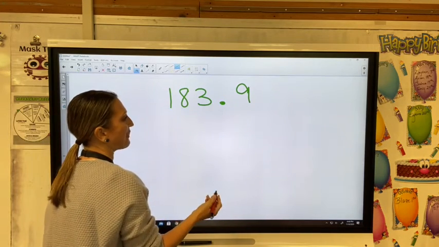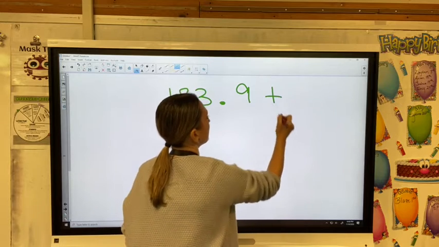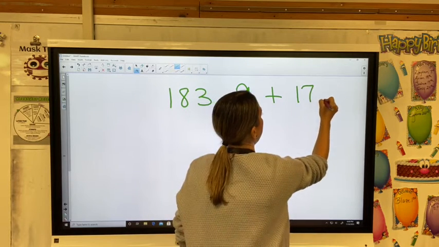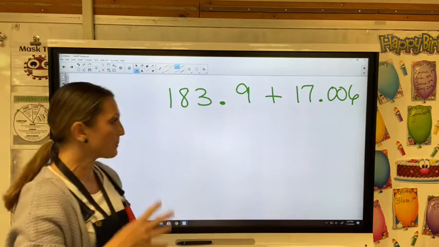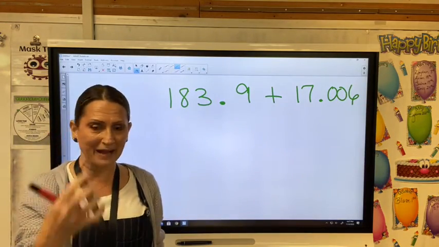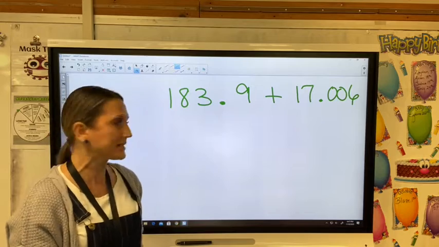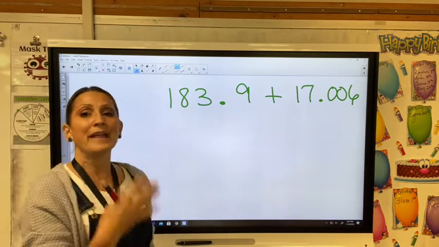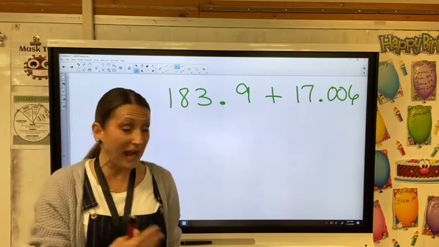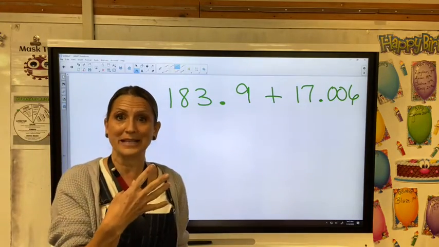And I want to add that to 17 and 6 thousandths. So remember, read your words in math. Read it like it's language. It is. Read your numbers. Put it out into words. And then think about just lining these up and adding them together.